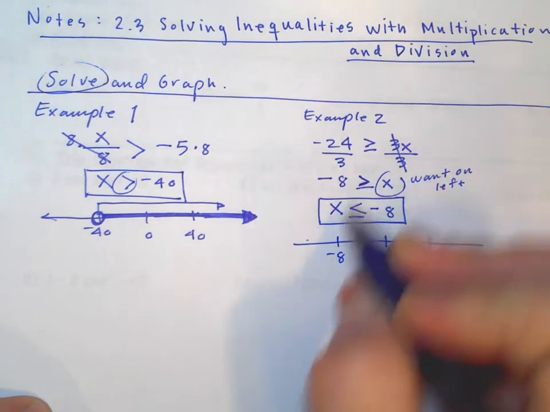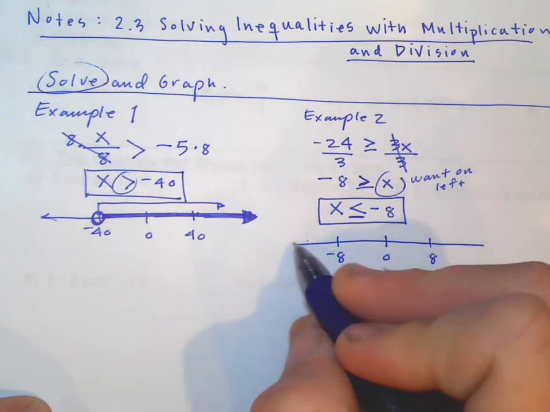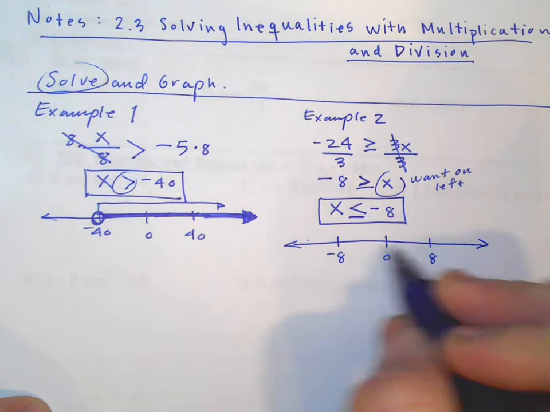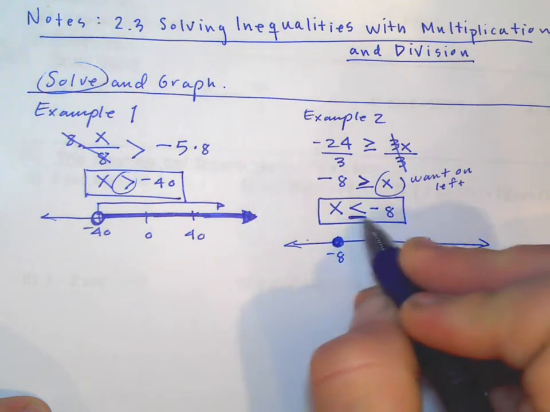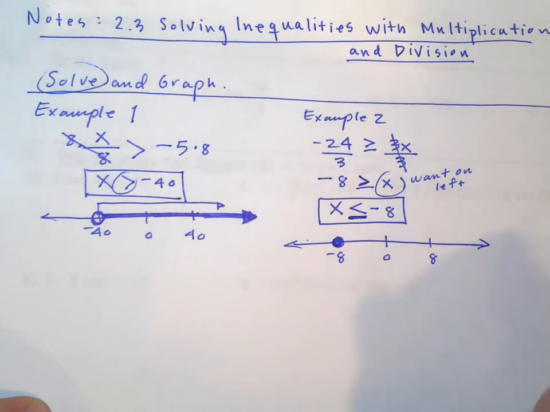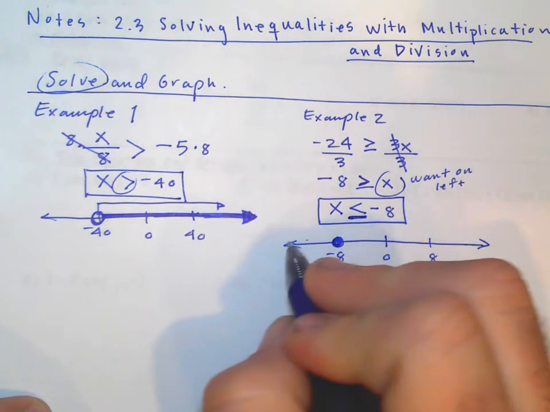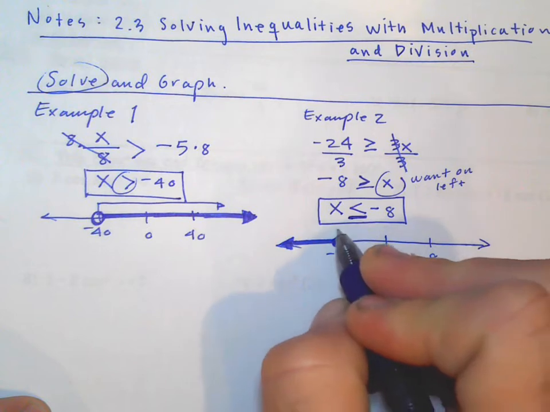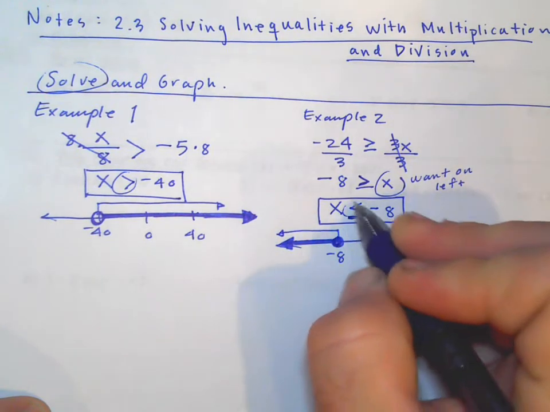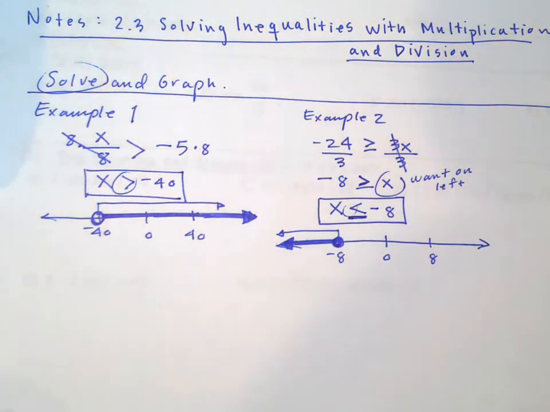It doesn't work when the x isn't on the left. So this is going to be a solid circle at -8 because it's or equal to. Or equal to means that's an answer, so you have to shade it in. To the left is where things are smaller, less, and it's also the same direction as that arrow is pointing.